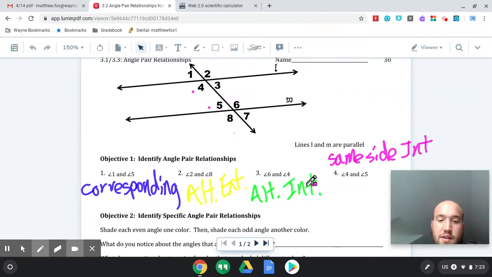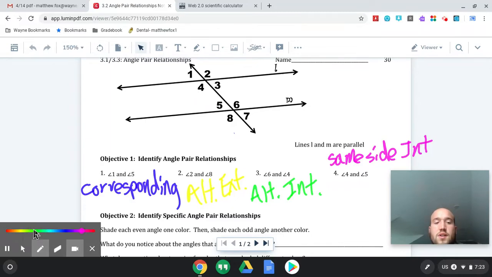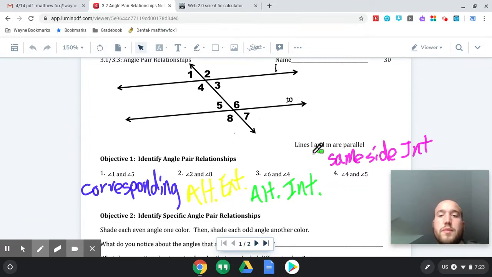Okay, so now if we look here, let's clear our original picture, and we want to start off by establishing that some of these angles are going to be congruent every single time when you have parallel lines. So first thing, let's start off with angle 1 and angle 3.